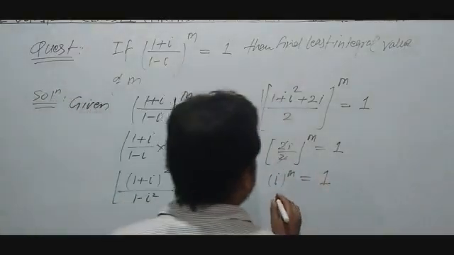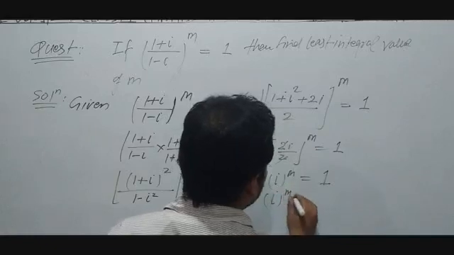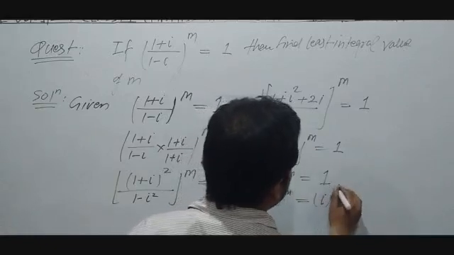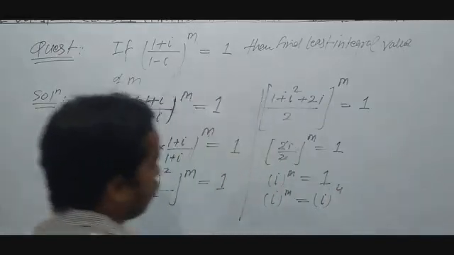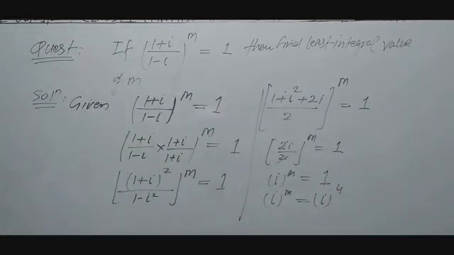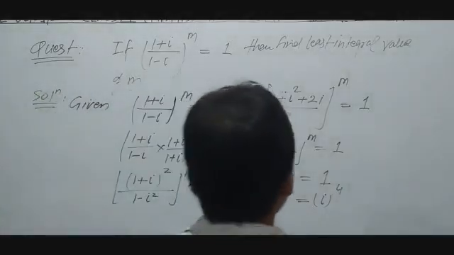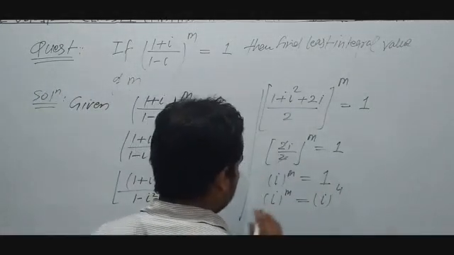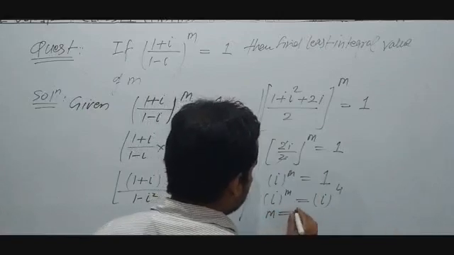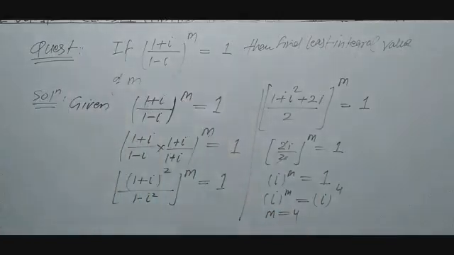Now 1 can be written as i to the power 4. Now when we compare, m will be equal to 4, the least positive value. So m is equal to 4.